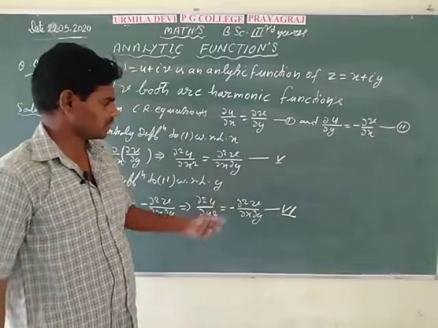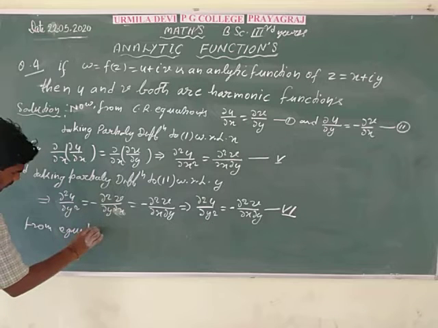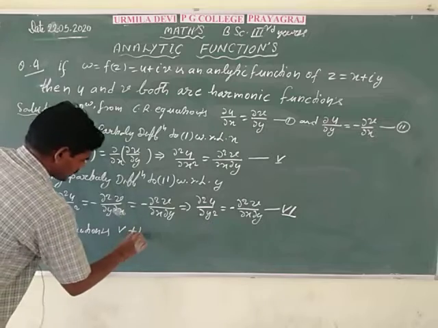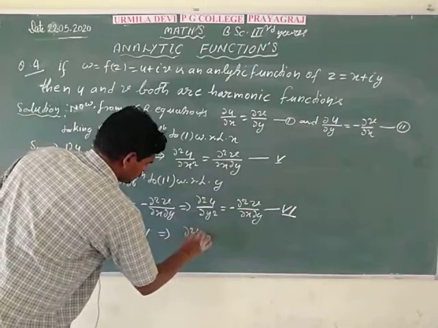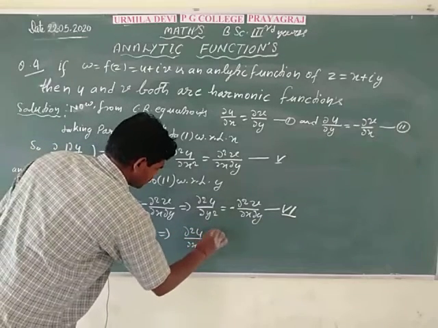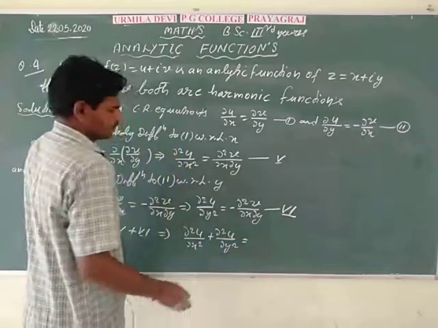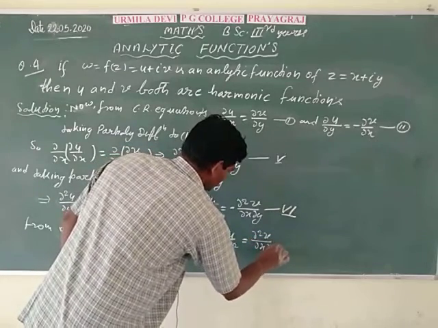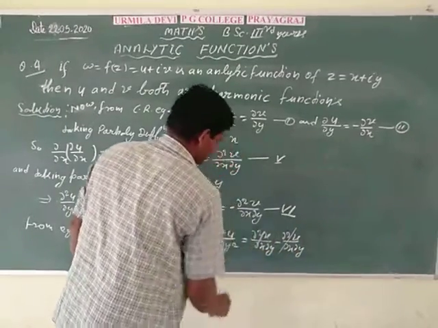So adding equation fifth and sixth, write from equations fifth plus sixth. It implies that del square u by del x square plus del square u by del y square is equal to del square v by del x del y minus del square v by del x del y, which cancel each other.